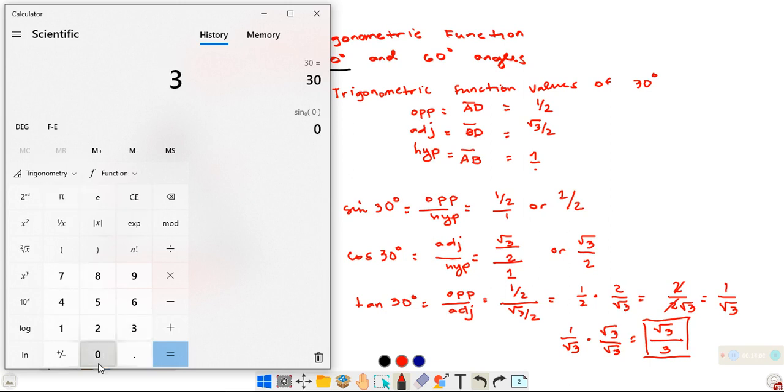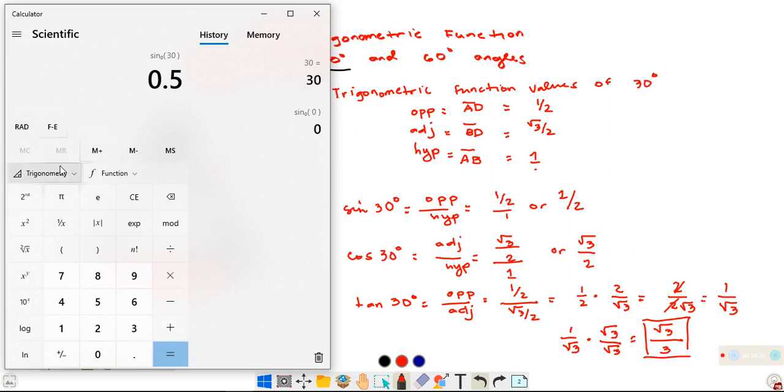Pindutin pala muna natin si 30. Iba nga pala to. And then, pindutin natin si sine. So, sine 30, makikita nyo siya dito. Ito, itong part na to. Sine 30 is equal to 0.5. And if you reduce 1/2 into decimal, you will end up with 0.5. So, our answer here is correct.